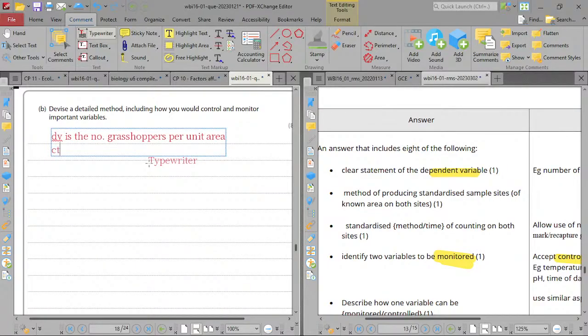So control the size of sample sites using fixed quadrats, same size quadrats. Standard method on both sides.